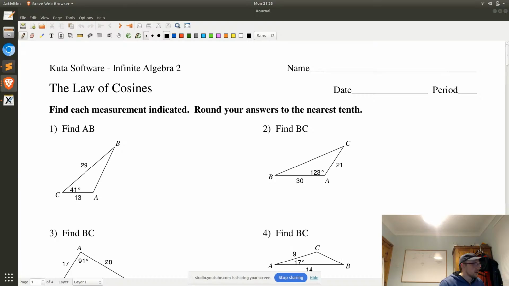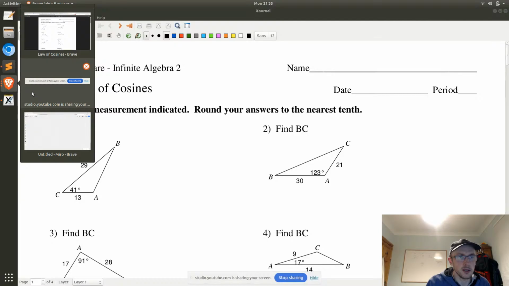So I'm back. Okay. Law of cosines. So let's remind ourselves of how this goes.